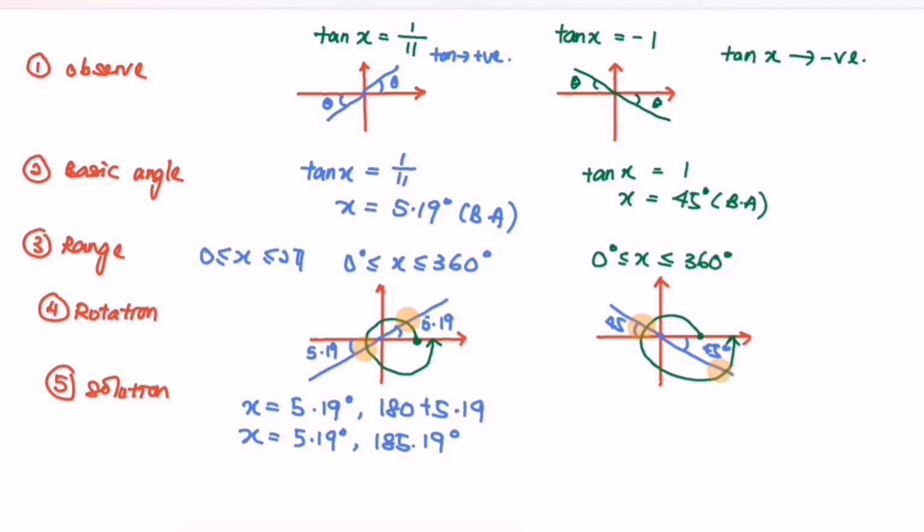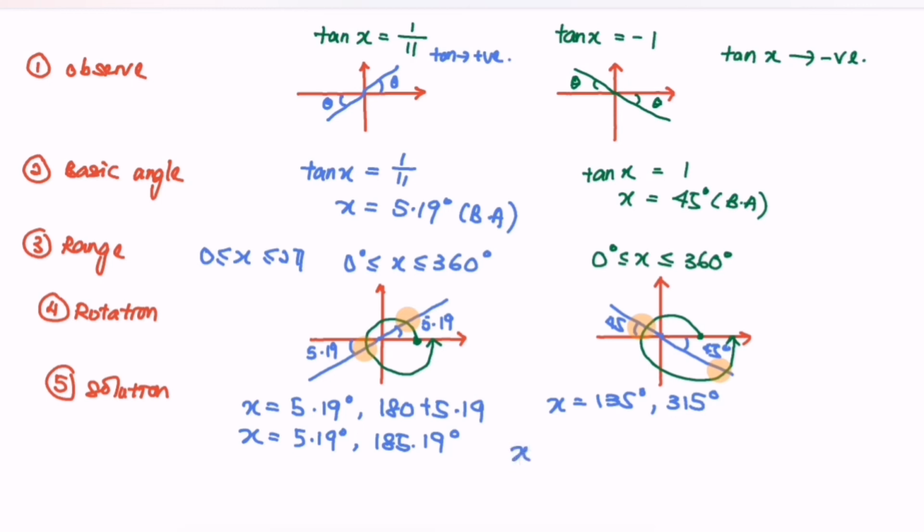The answer for x will be 180 minus 45, which is 135 degrees, and 360 minus 45, which is 315 degrees. Finally, we have to express the answer in the form of radians.